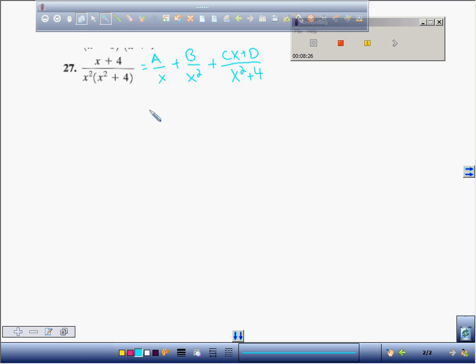Kind of the problem is figuring out how to write this. If it's a repeated linear factor like this one, you have to write x, because it goes into x squared, and x squared. And then the quadratic factors, you have to have a variable up top. So that's the way you rewrite that one.